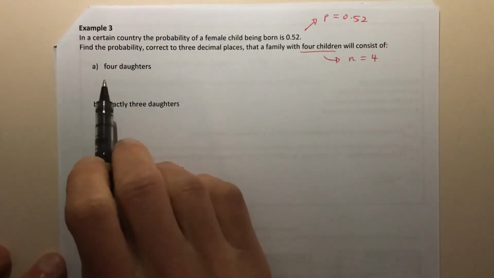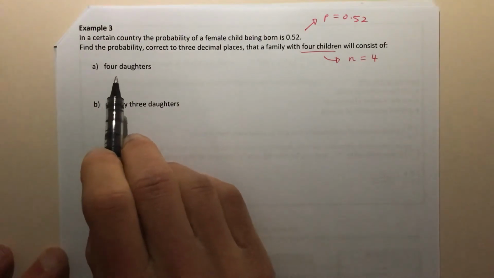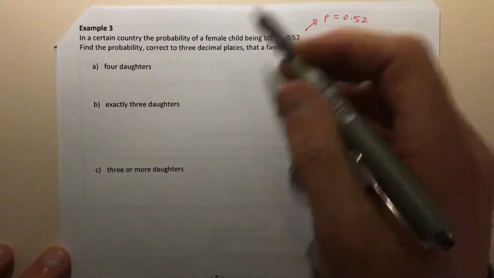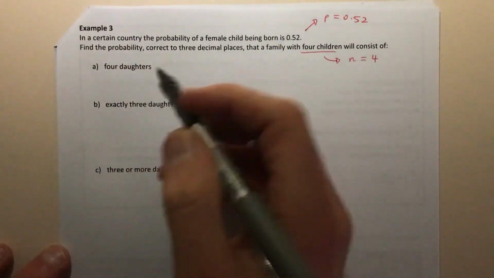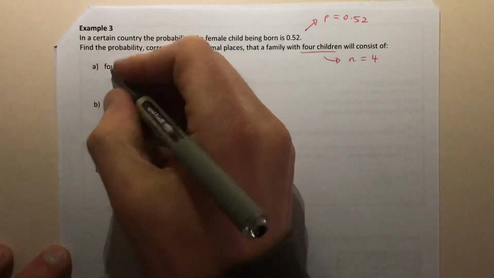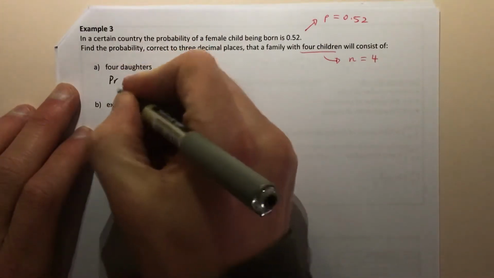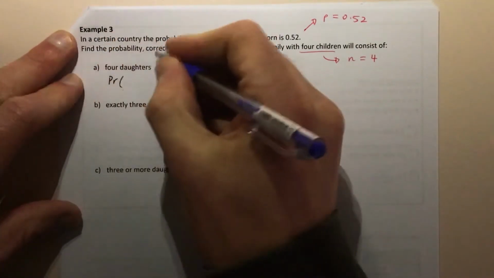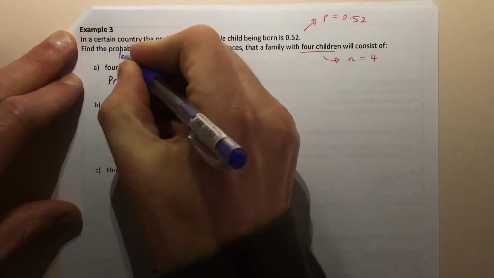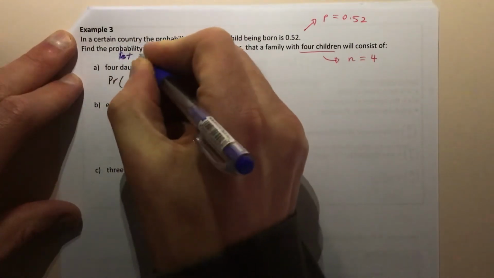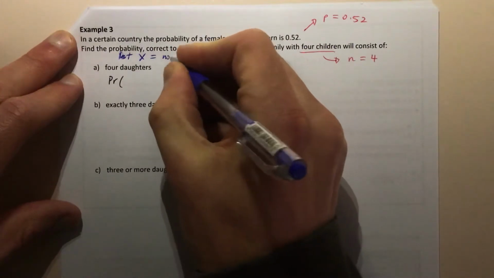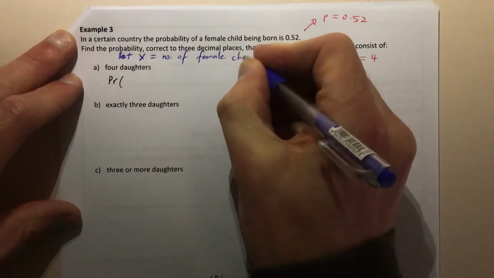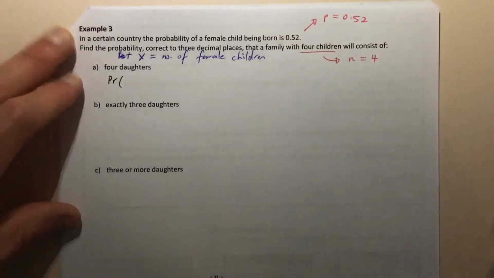So if we wanted to work out the probability of getting 4 daughters in a row, again, you could draw out a tree diagram with female, not female, female, not female, and set it all up. But if you understand how a tree diagram works, you can go straight to it. Actually, let's introduce the variable first. Let x equal the number of female children, because that wasn't explicitly said in the question.